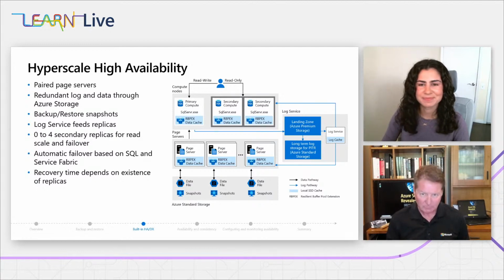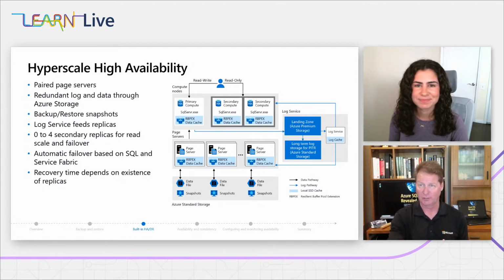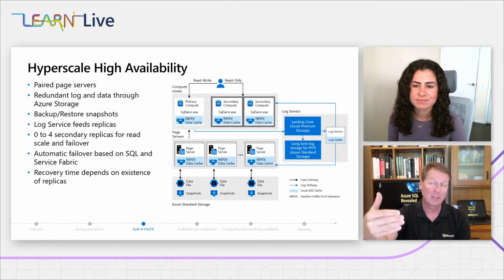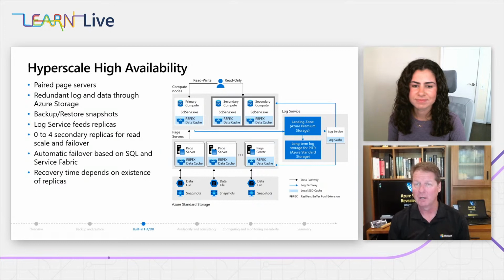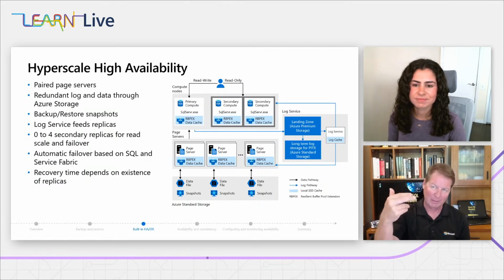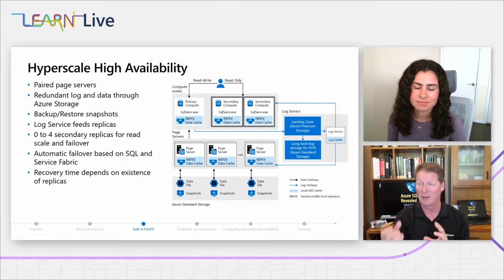And here's why. The data files are in Azure storage, right? It's almost like a general purpose service tier. So I don't need a replica to do failover. All I need is to be able to get access to those data files and spin up and use my page servers to replenish another primary compute that you would spin up. But my failover time is going to be slower. So if I spin up replicas, my failover time will be faster because those changes have been applied from the log service.